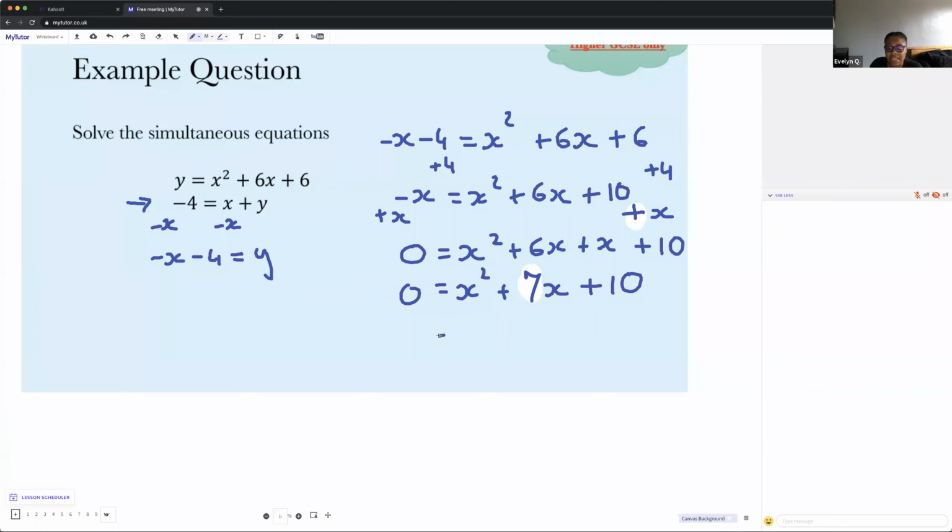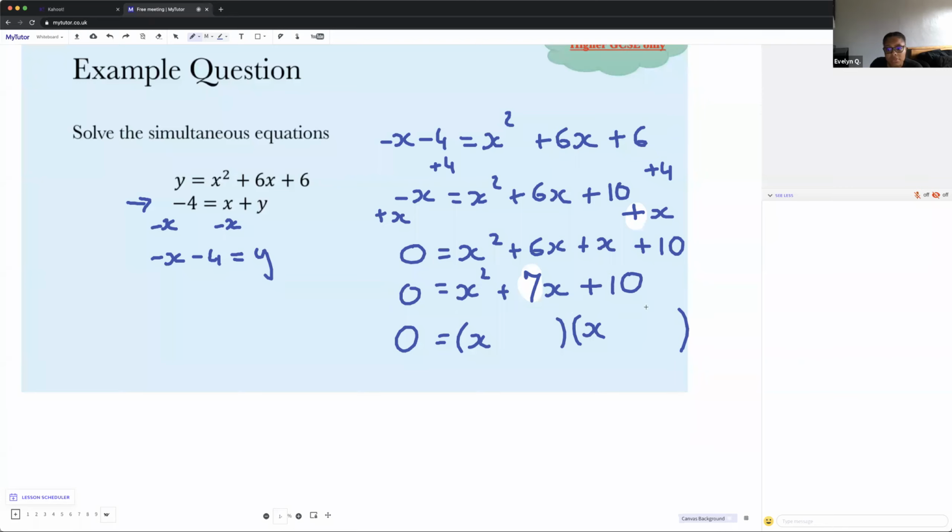So this makes it a little bit easier to solve now. So two numbers that multiply to make 10 and add together to make 7. So I'm going to get my two brackets again. And again, if this is a little bit confusing, we will go through it again tomorrow, because it's just solving quadratics.